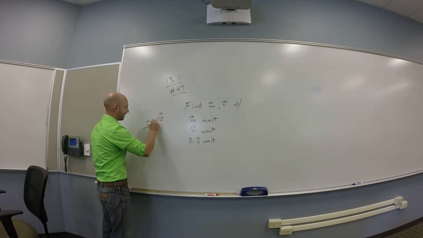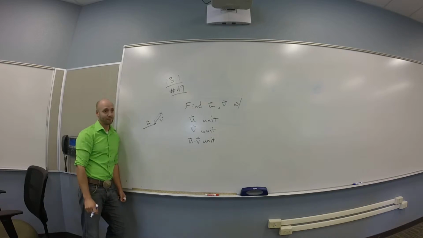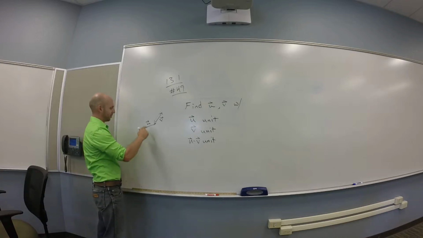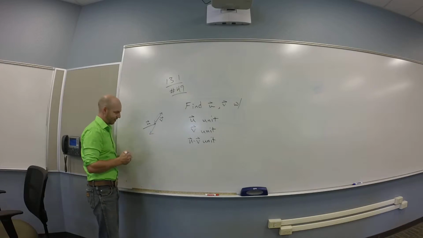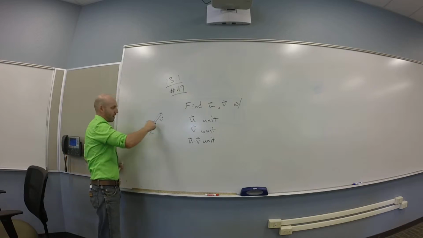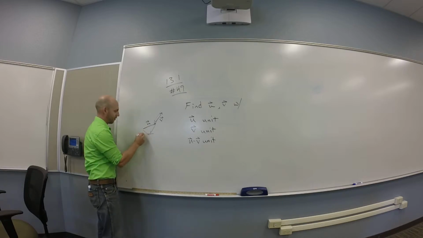I think minus v is that vector. It's just v but pointed the opposite way. And so if I do u plus minus v, that should be something like this, right? It went out u, and then I went minus v, and now the result here should be u minus v.